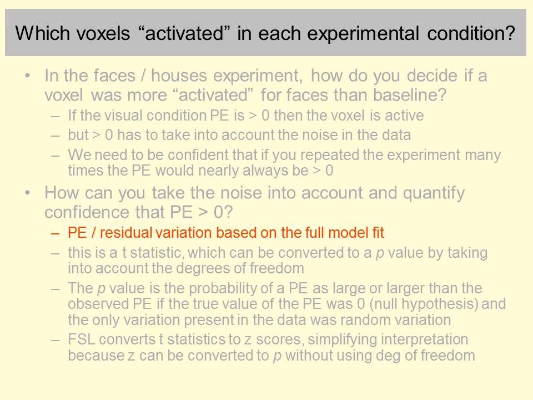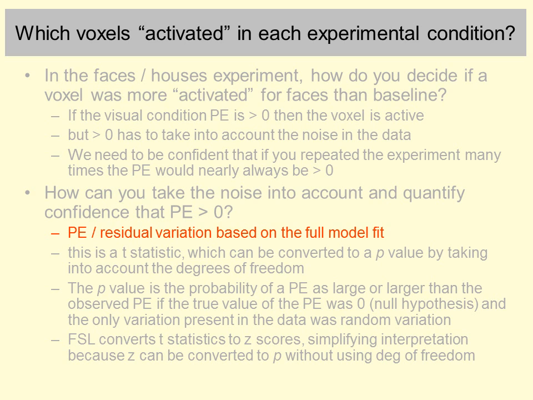So how do we decide which voxels were activated in each experimental condition? For example, in the faces and houses experiment, how do we decide if a voxel was more activated when faces are shown than during the resting baseline?